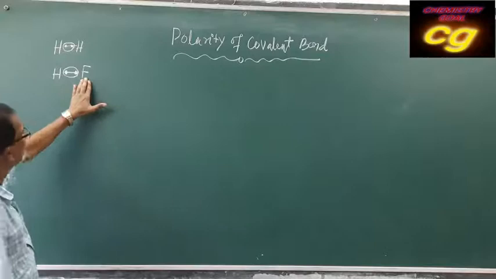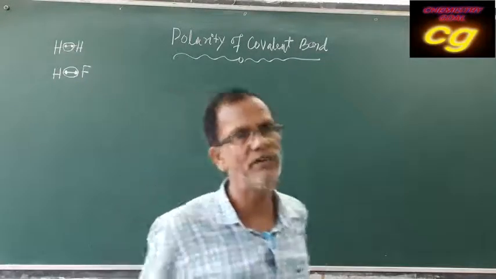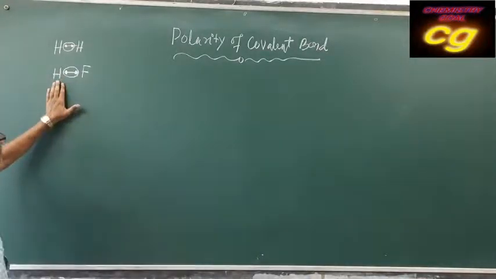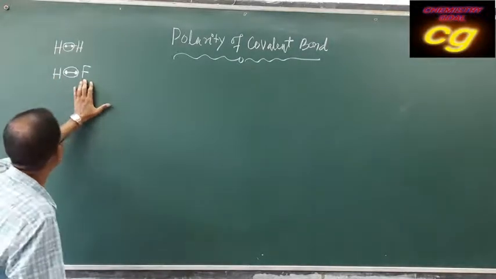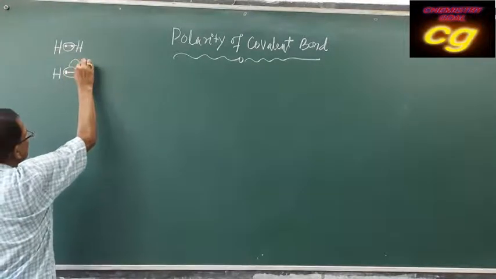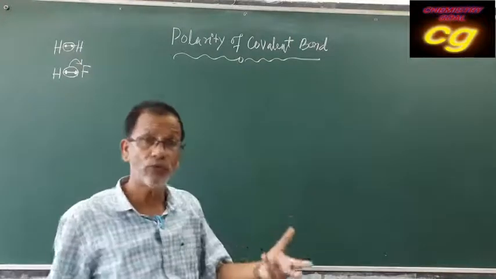But fluorine is more electronegative; the electronegativity of fluorine is much higher compared to hydrogen. As compared to hydrogen, fluorine has a higher electronegativity value. Then the bonded pair of electrons will be shifted towards fluorine, because of the electronegativity value of fluorine.